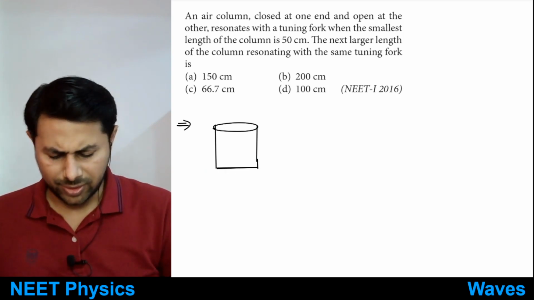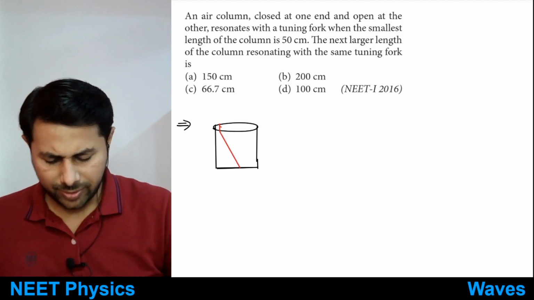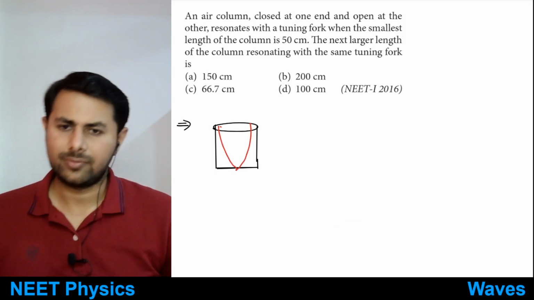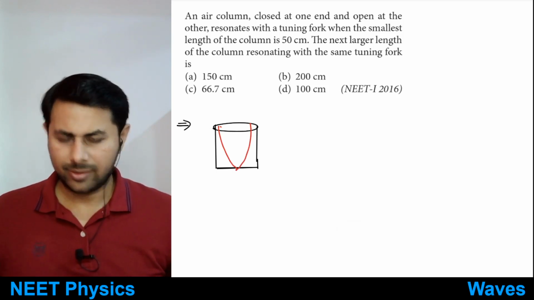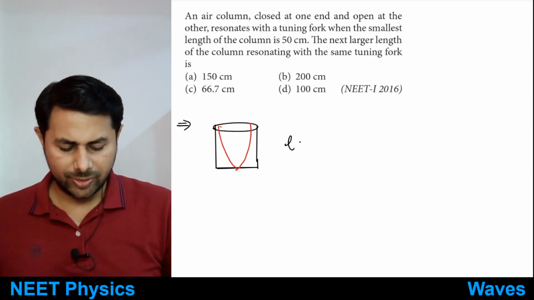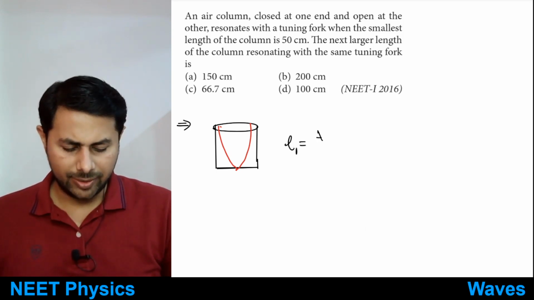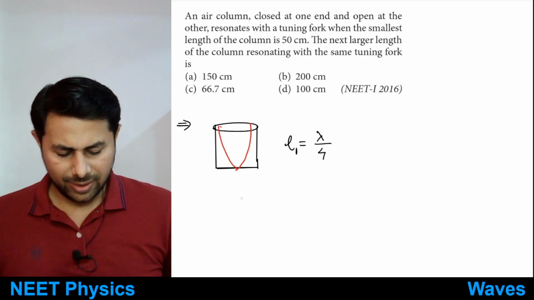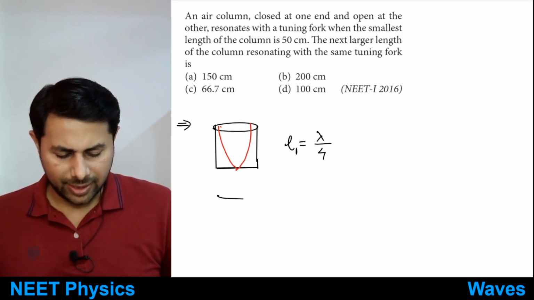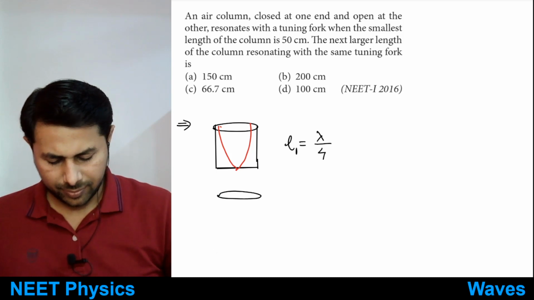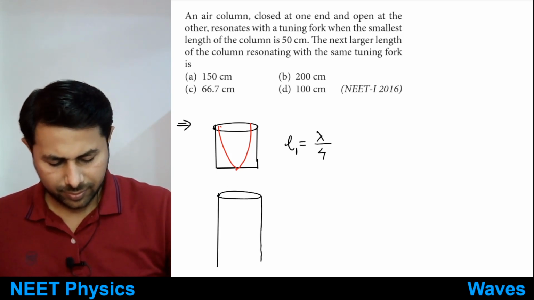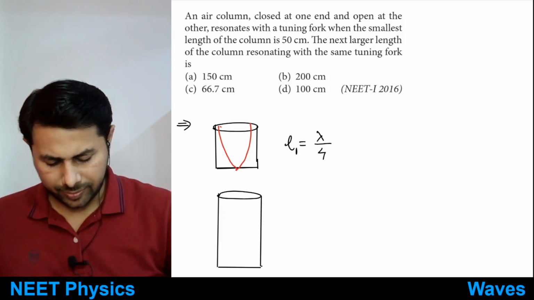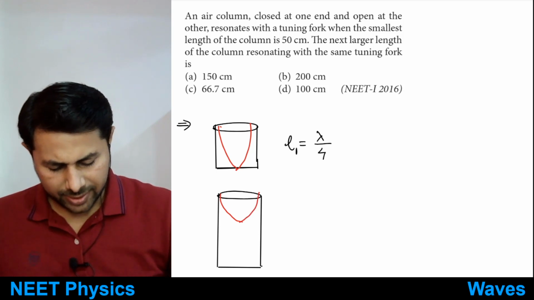Let's say this is the closed end. The vibrating length of the first mode L1 would be equal to lambda by 4, right? And then what would be the vibrating length of the second mode? In the second mode it would be like this.